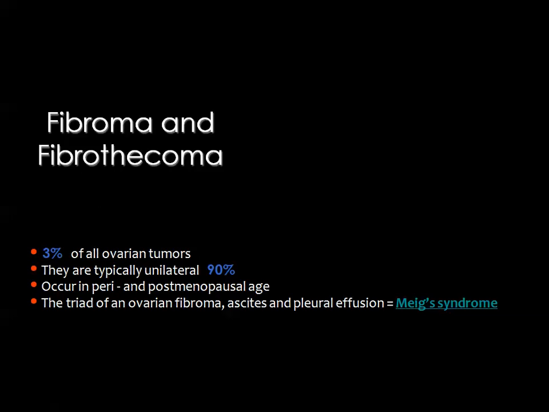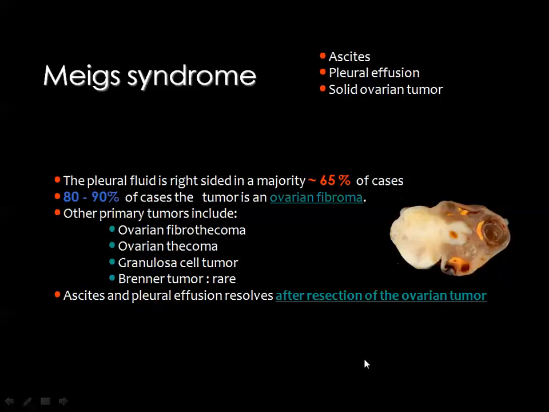Then we came to another lesion, which is fibroma or the fibrothecoma. These lesions represent about 3% of all ovarian tumors. They are usually unilateral in most of the cases, and the ovarian fibroma is famous with this syndrome, which is Meigs syndrome, formed of the triad, consists of ovarian fibroma, ascites, and the pleural effusion.